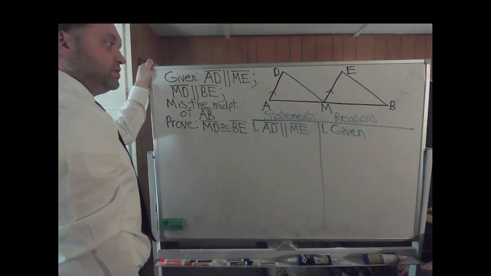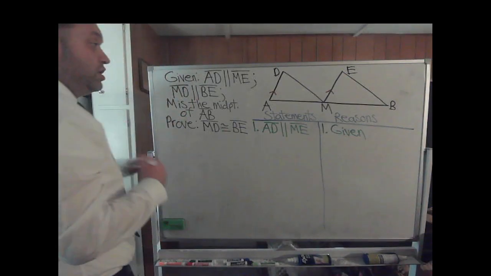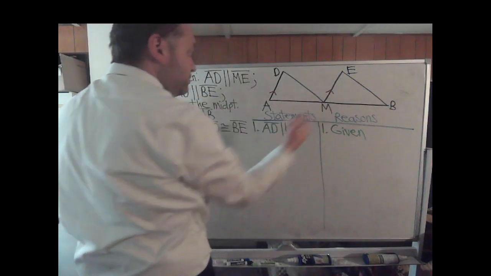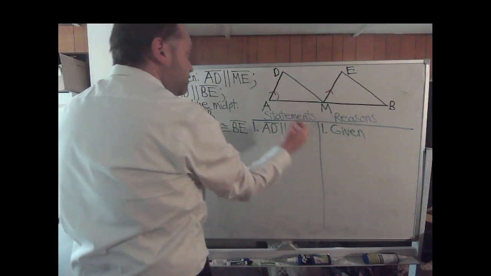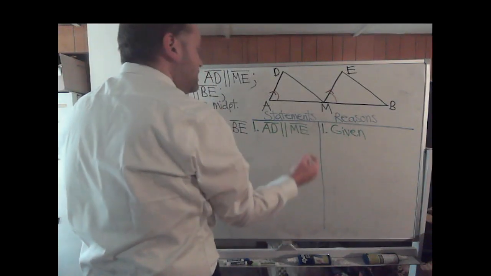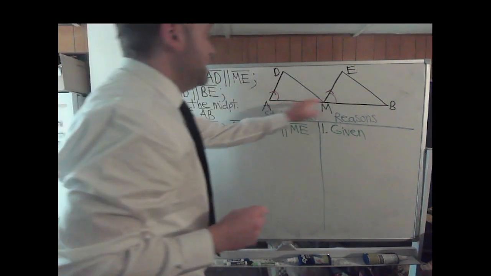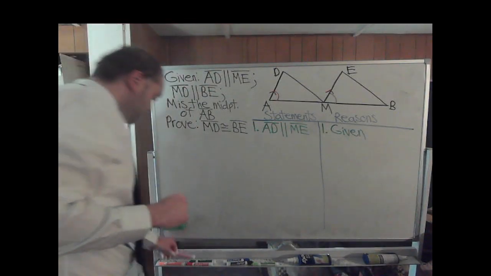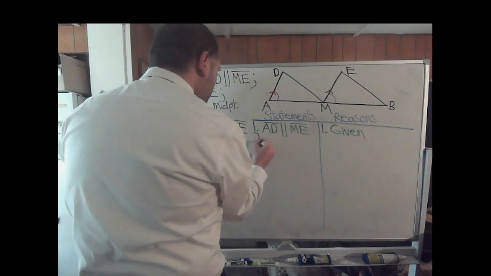AB is a transversal to these two parallel lines, which could only mean then that corresponding angles are congruent. So that's going to mean that angle A is congruent to angle EMB by the fact that corresponding angles are congruent.